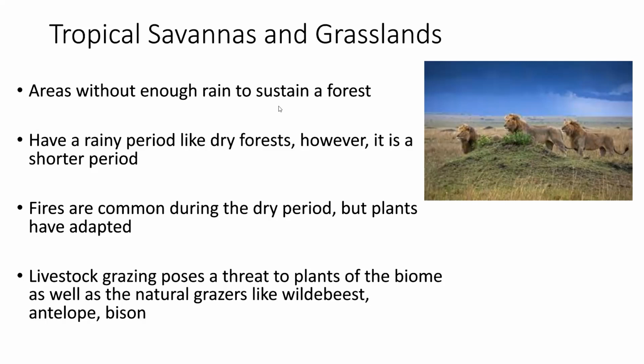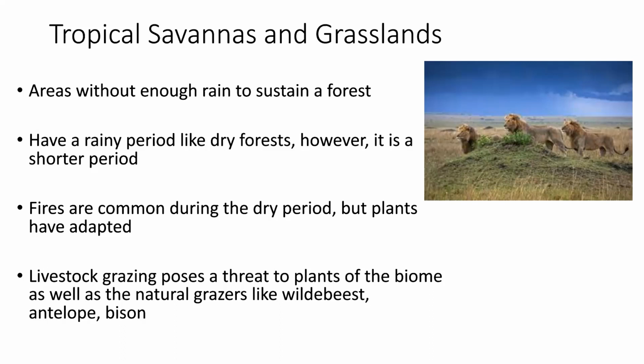All right, and then the next one, so savannas and grassland. These are going to be environments where there's just not going to be enough moisture to sustain a forest at all. So the dry forest, there's at least enough in those wetter months to sustain it through the dry period. The savanna and grasslands are going to have a more extended dry period, so it's going to be longer.